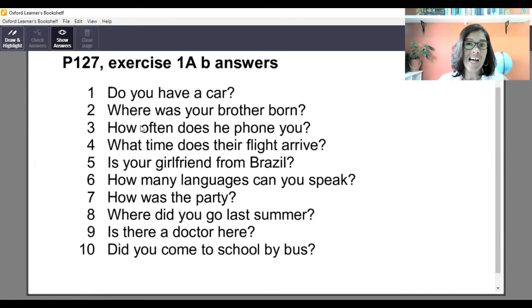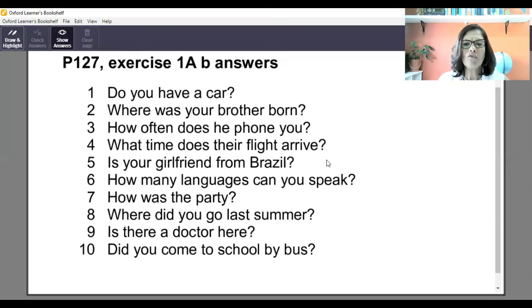WH compound. How often? Very common. Number 4, what time does their flight arrive? Arrive.